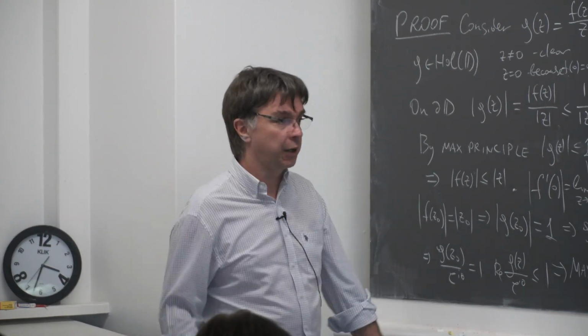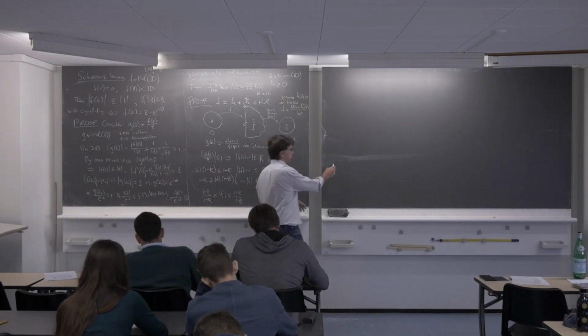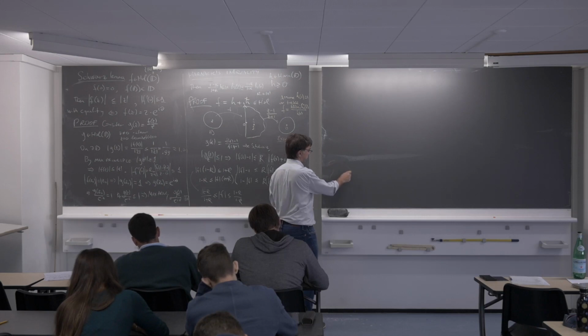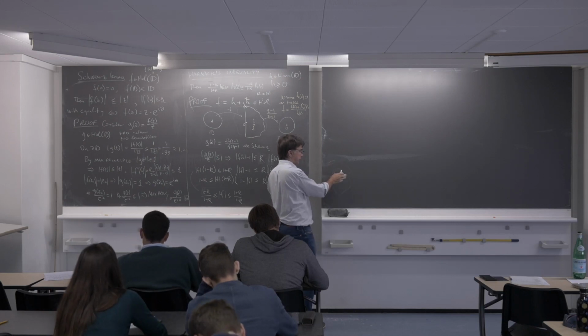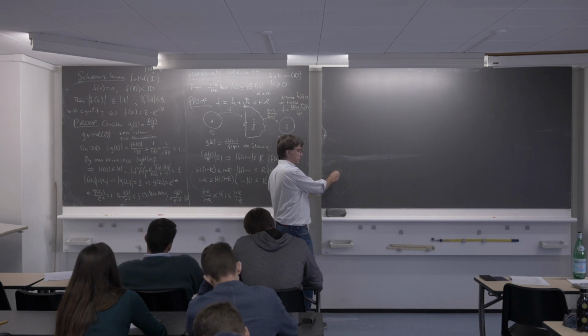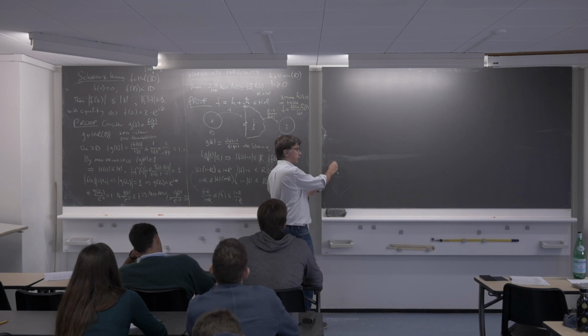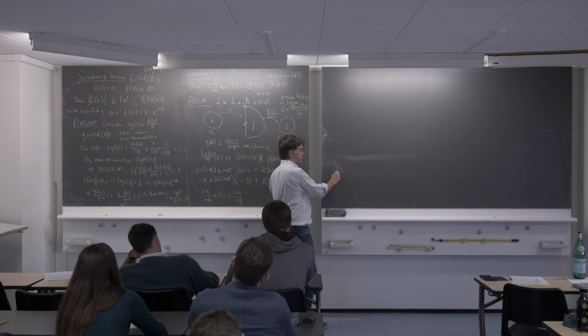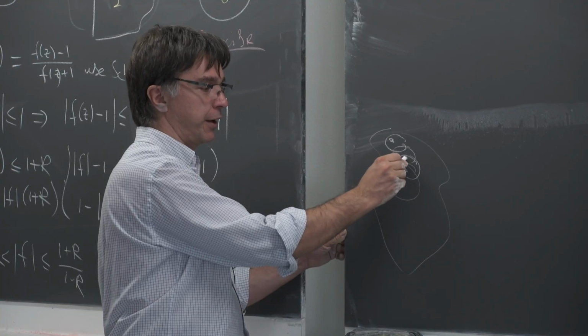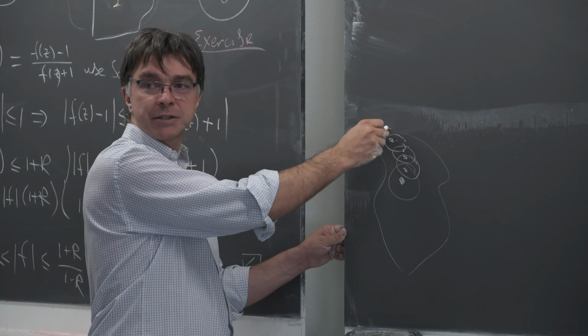It's applicable to any domain. If I have some domain and a positive harmonic function there, for any point there is a ball around, so I can always work inside this ball. If I have an estimate for this point and want to get an estimate for that point, I use a sequence of overlapping balls: from here I get an estimate there, from there the next, and eventually I get some estimate here.